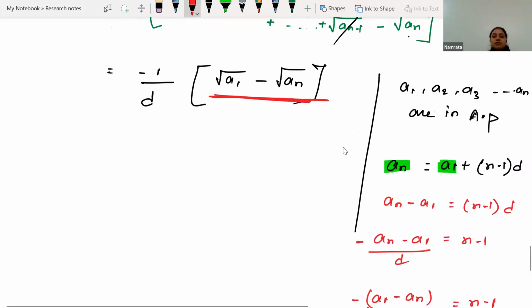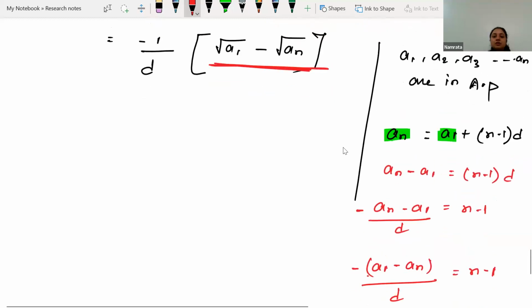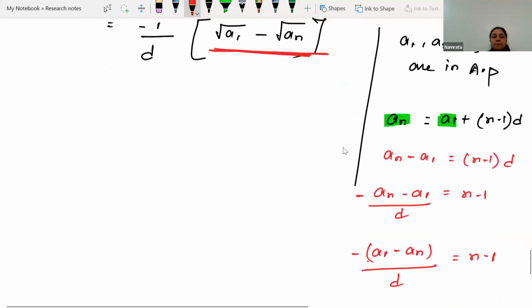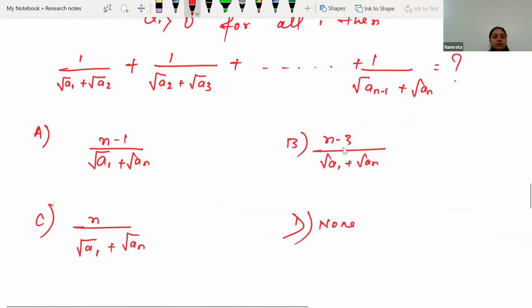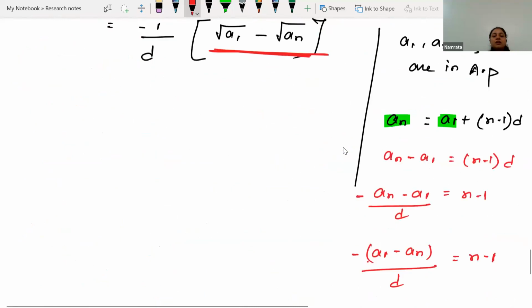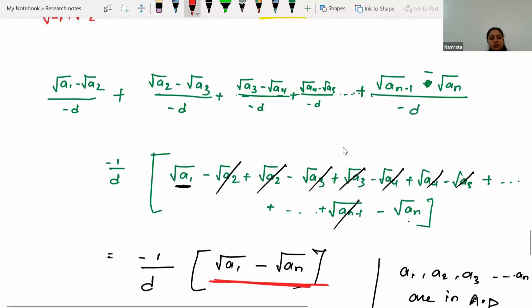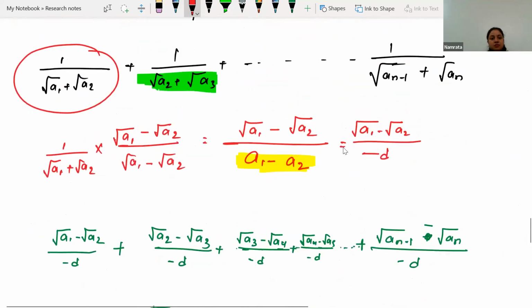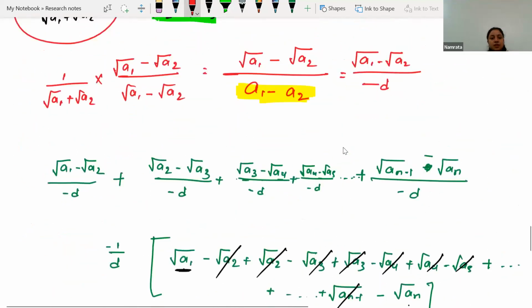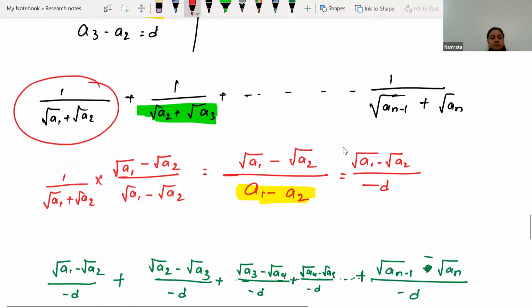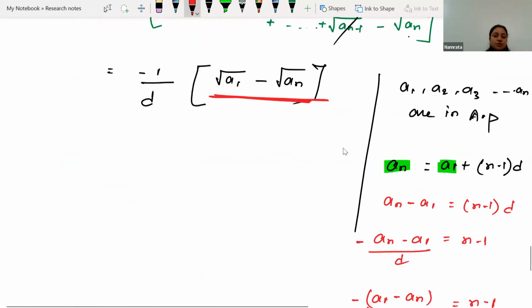Yes, ma'am. Let's see whether we can do the substitution or not. Okay, here under root a1, under root an is there. So if we again do the rationalization kind of thing, the way we used to do, just a moment, let me check first, okay?